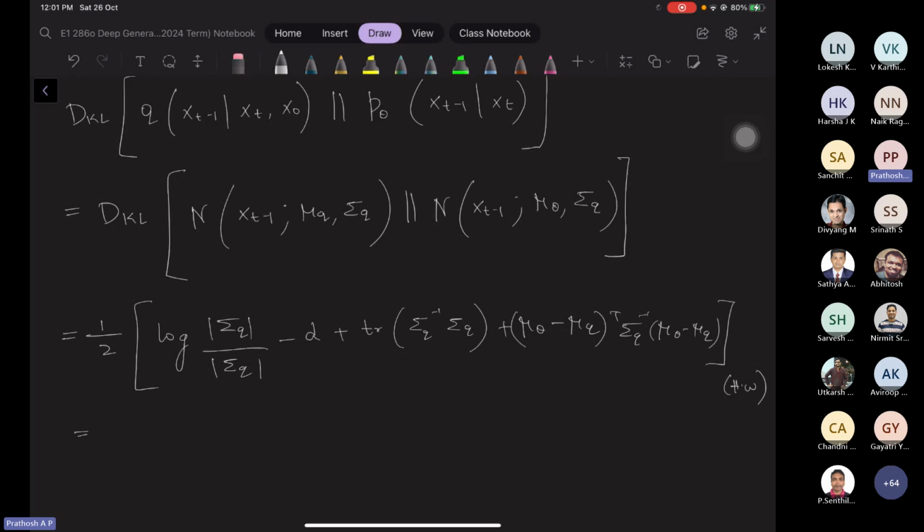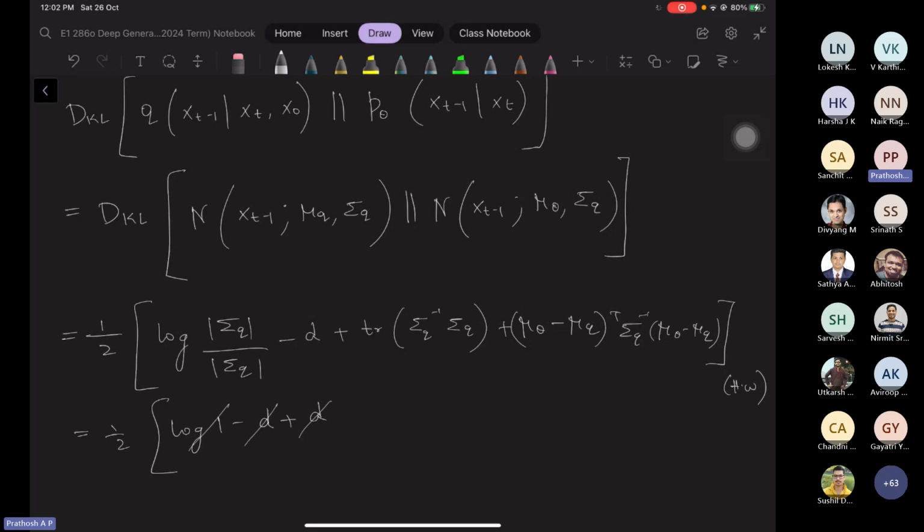This is equal to half. This is log 1, which is 0. Let me write it: log 1 minus d. The trace of sigma q inverse times sigma q is also equal to d. That can be shown because it's just a constant times identity in d dimensions, so it will just add up to d. Trace is the sum of the diagonal elements of a diagonal matrix. So the log 1 will go away, and the two d terms will go away.